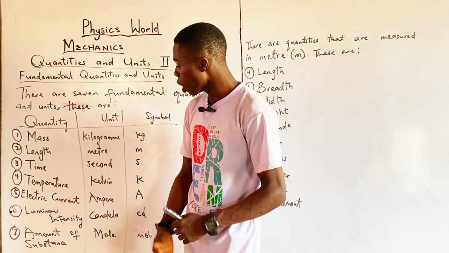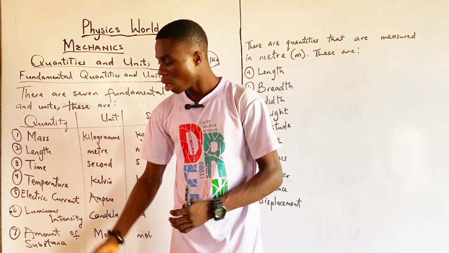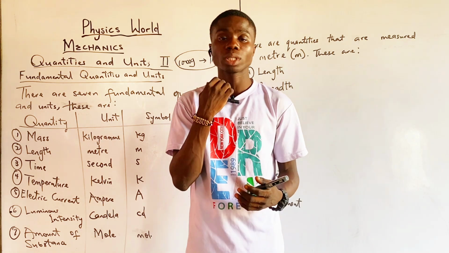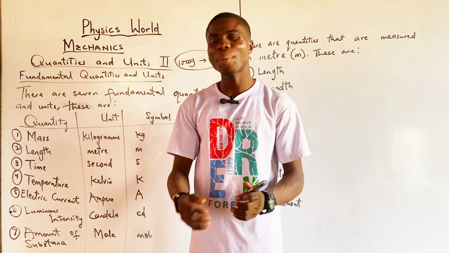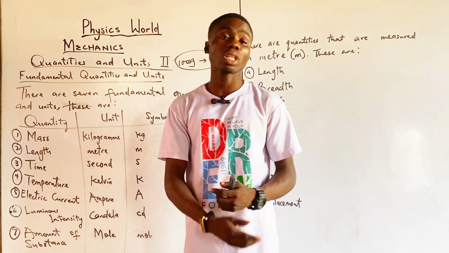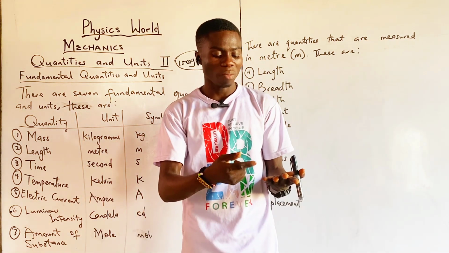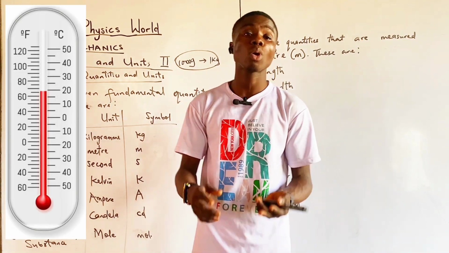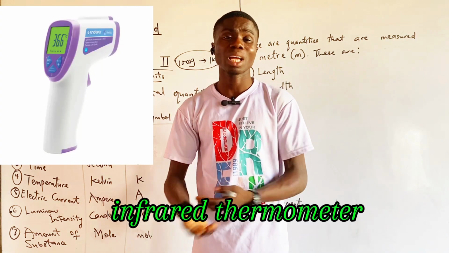The next one is temperature, and temperature is the degree of coldness and hotness of a body. The instrument we use to measure temperature is the thermometer, and we have different types: the mercury-in-glass thermometer, the alcohol-in-glass thermometer, the resistance thermometer.